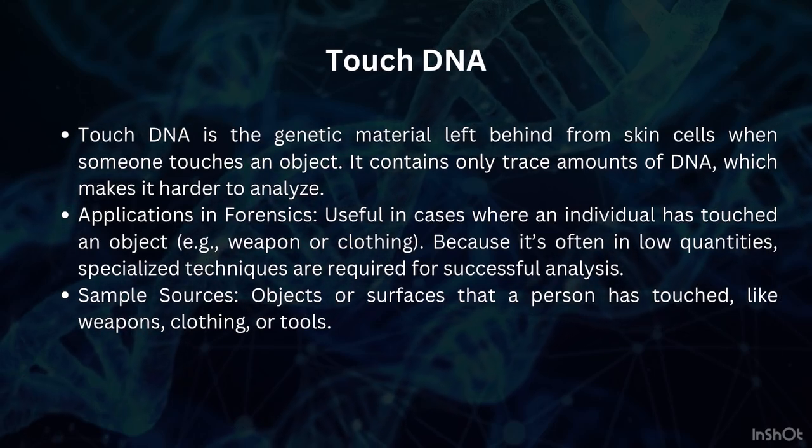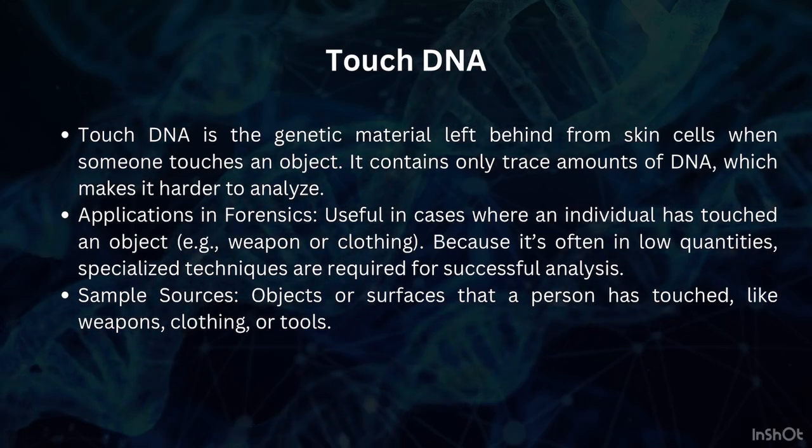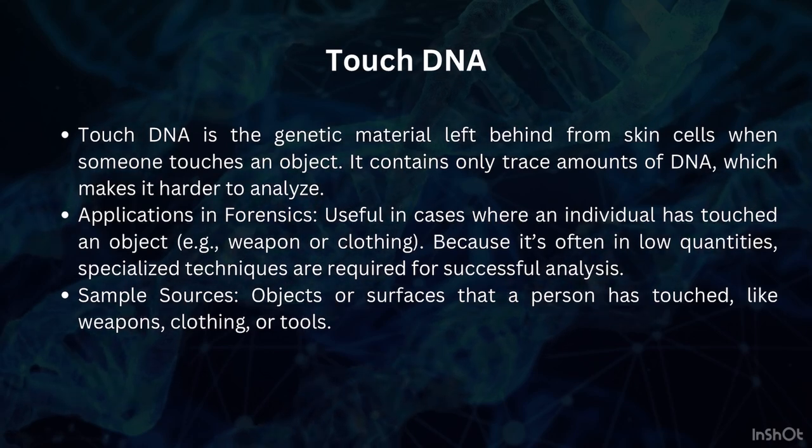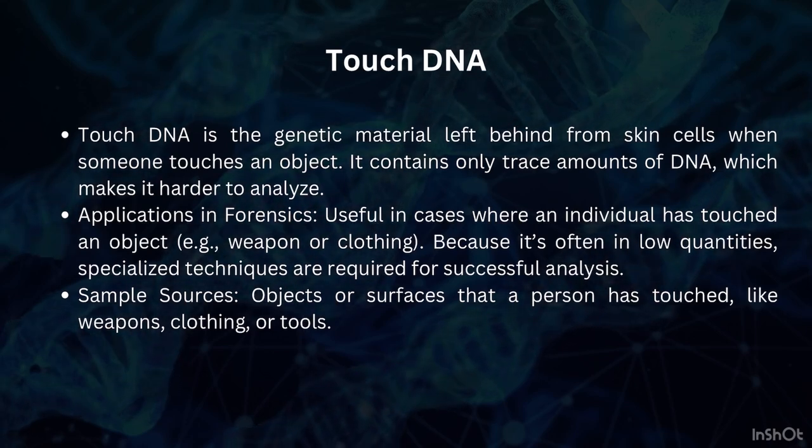Touch DNA is the genetic material left behind from skin cells when someone touches an object. It contains only trace amounts of DNA, which makes it harder to analyze. Application in forensic science: useful in cases where an individual has touched an object, for example a weapon or clothing.